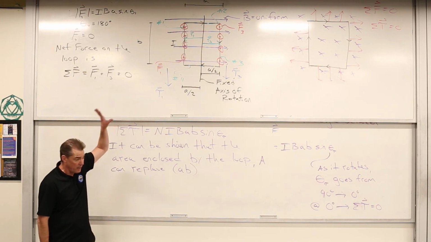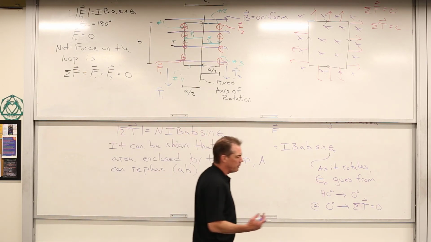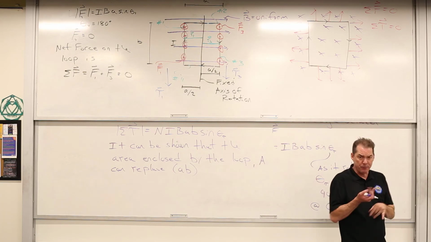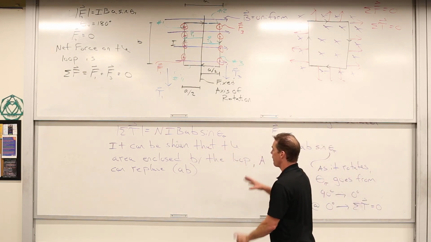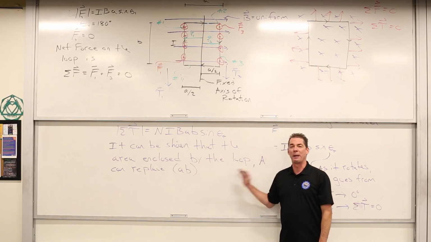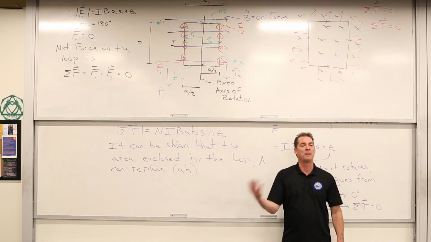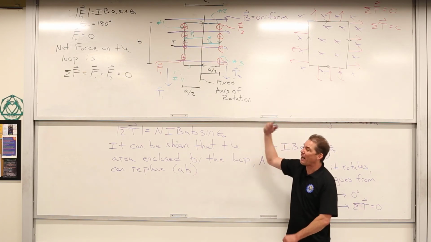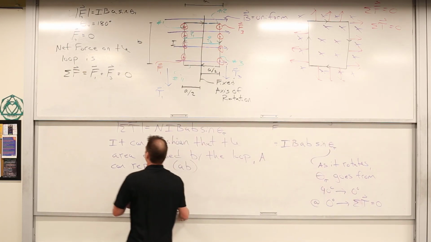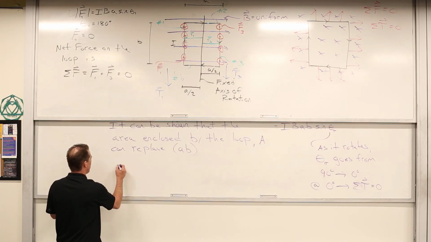So this can be solved out ultimately for any shaped loop, circular loop, triangle loop, whatever you want to do. And it turns out that it's only the area that the loop encloses that ends up being fundamentally important. The dimensions themselves correlate with the area enclosed, but really it comes down to this.